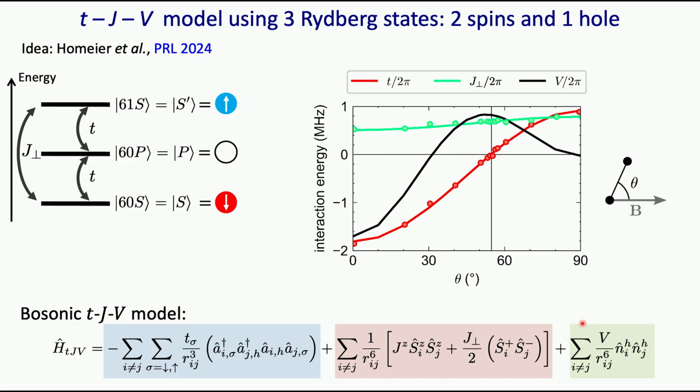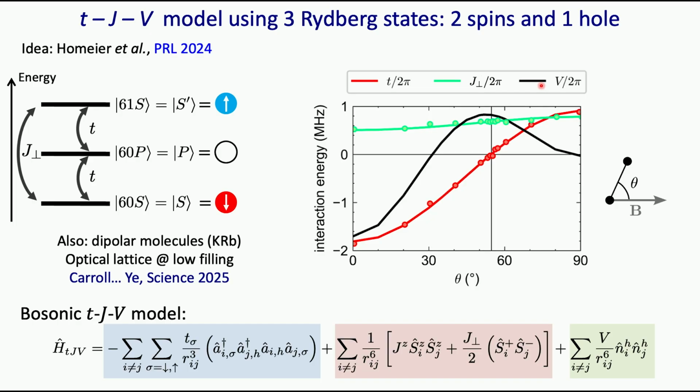If you play this trick by imposing an effective magnetic field, and the internuclear distance has an angle theta with respect to this magnetic field, you can vary as a function of theta the tunneling term, the spin hopping term, and the repulsive interaction term.